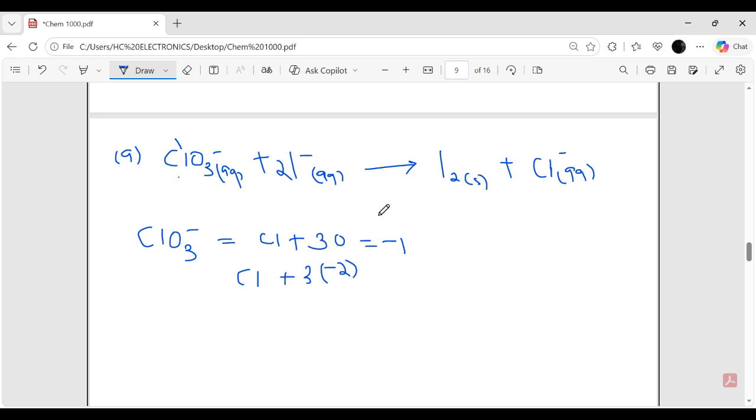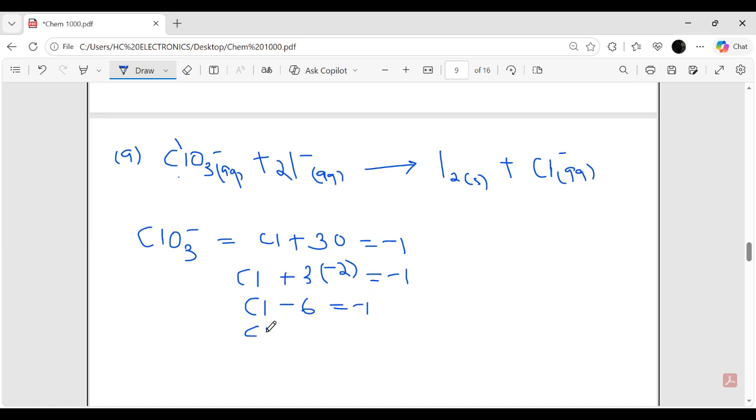We want to check if chlorine was undergoing oxidation or reduction, because here we're able to see that it is chloride, it has a -1, it's alone. Then chlorine plus 3 oxygen is equal to -1, so chlorine minus 6 is equal to -1.